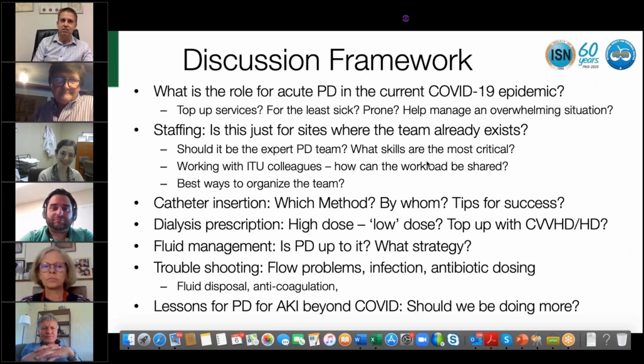But actually, the patients still do just as well from a survival point of view. Those studies from Brazil and Thailand show that the patients do just as well, even though they don't get their creatinines down that low. So I think the really hypercatabolic patients, I would be nervous about, and if you've got an alternative strategy, maybe those patients should be getting CVVHD. For the other patients, I think PD is a good option.